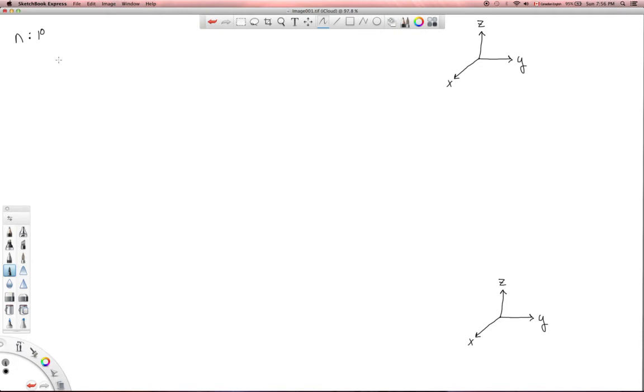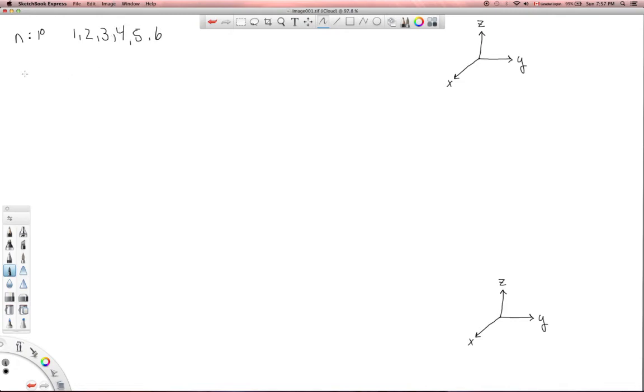It really tells you what energy level, and n can take on any non-zero integer value. So 1 would be the ground state, 2 would be the first excited state, 3 the second, 4, 5, 6, and so on. Okay, so that's the energy.